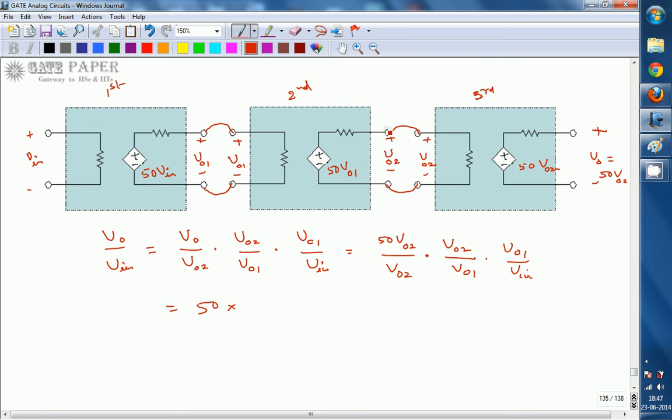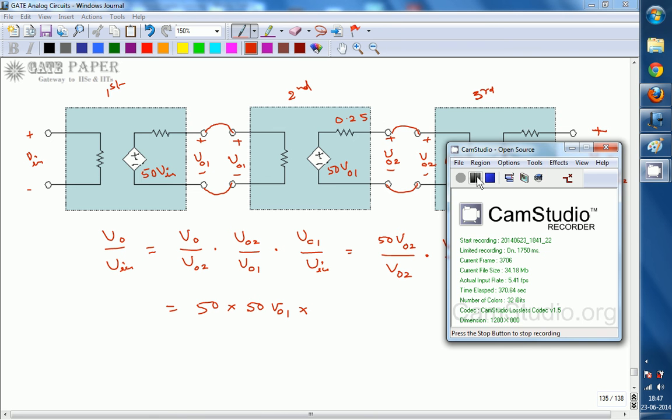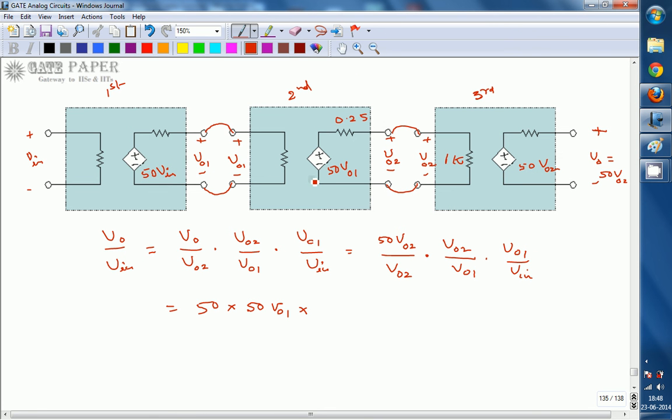So this you can write as 50 times of V02 by V01. V02 is nothing but voltage across this input resistance, that is 1K, and here the resistance is 0.25K. So V02 can be written as 50 times of V01 into, using voltage division rule, 0.25 divided by 1 plus 0.25, that is 1.25.